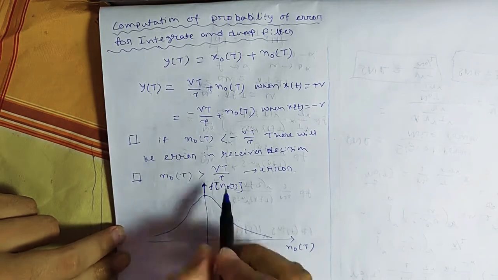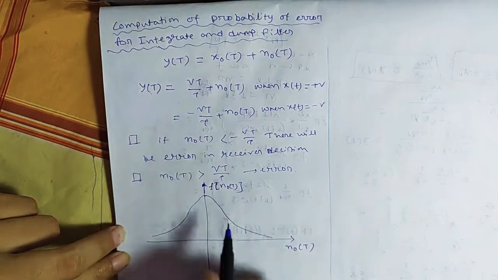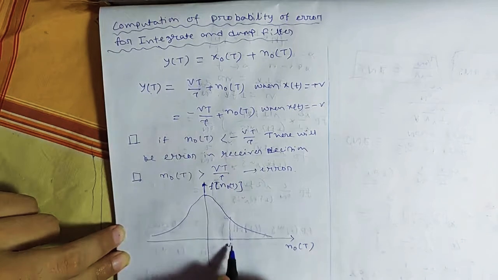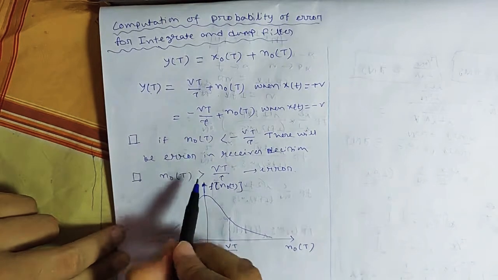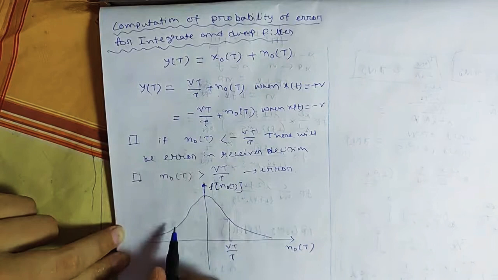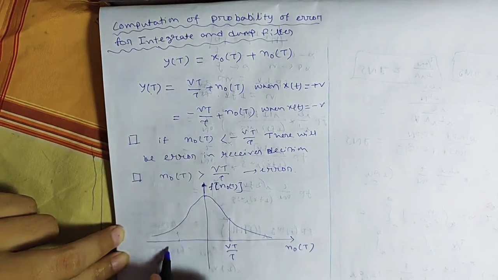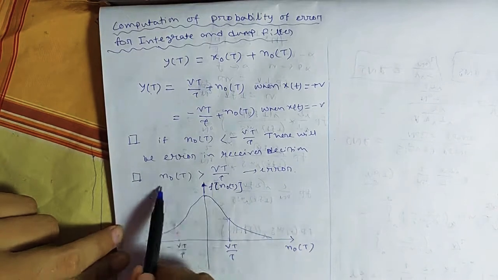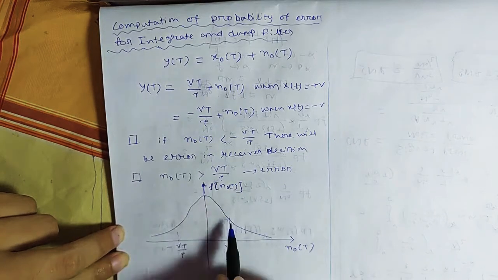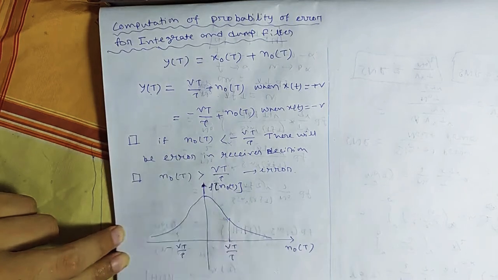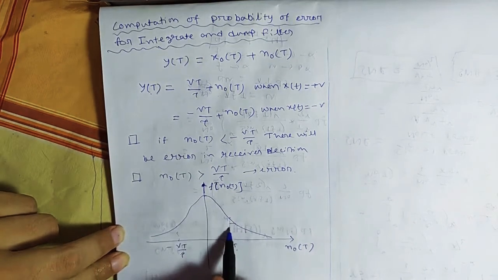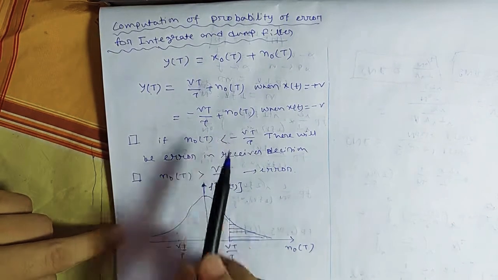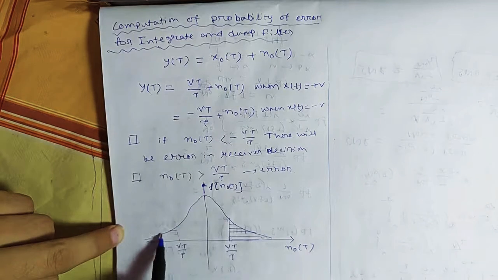Now n0(t) equal to Vt by tau corresponds to this point, and n0(t) equal to minus Vt by tau is this point. The inequality n0(t) greater than Vt by tau corresponds to this region, and n0(t) less than minus Vt by tau corresponds to this region.